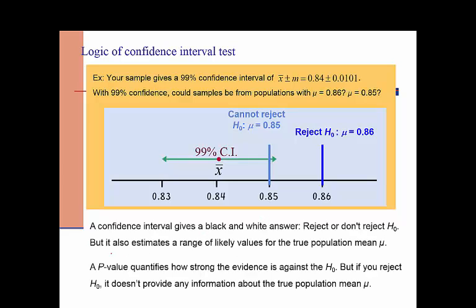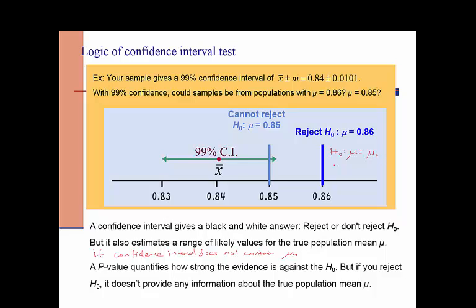Okay, so a takeaway is, if the confidence interval does not contain the population parameter mu, what you hypothesized mu to be, mu naught, right? So your initial hypothesis was that mu equals to some value.